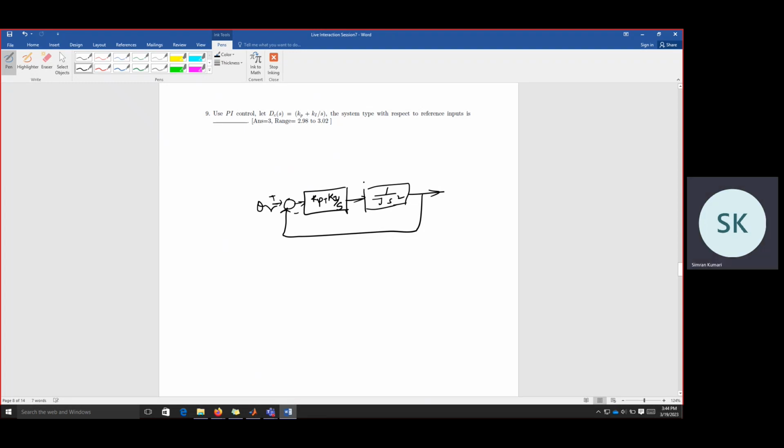So this forward path is (Kp s + Ki) by s into 1 by Js².